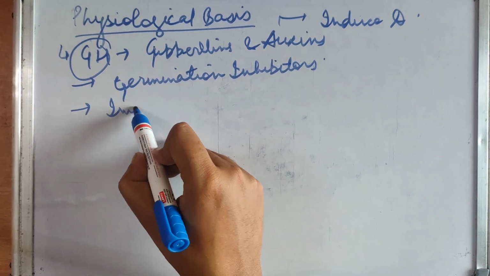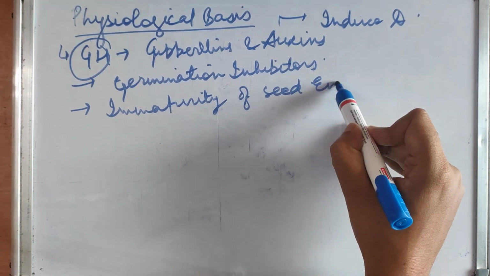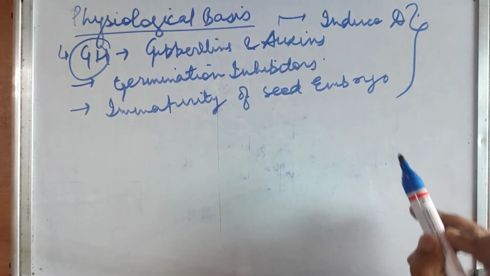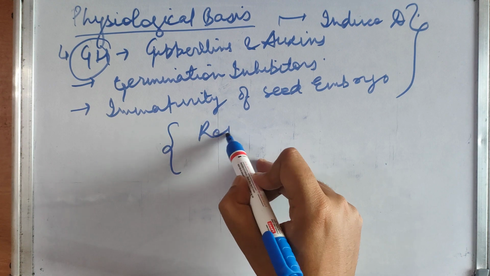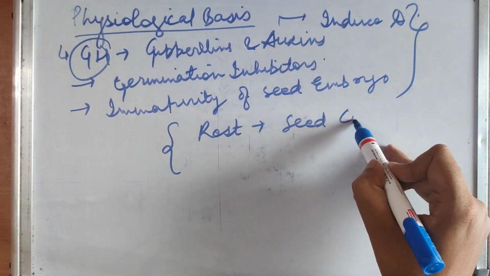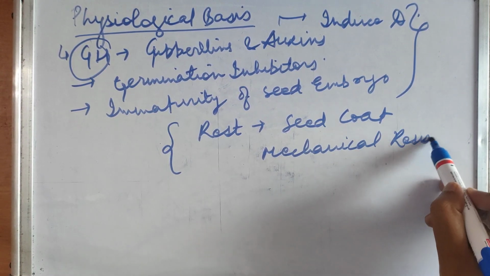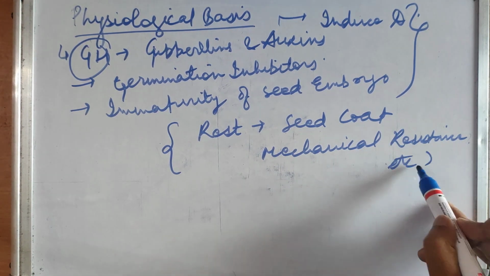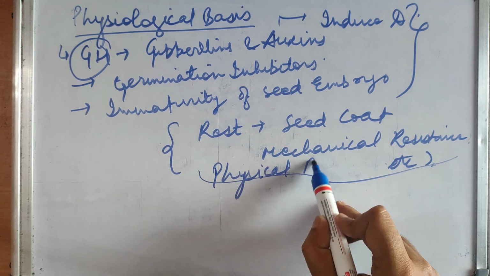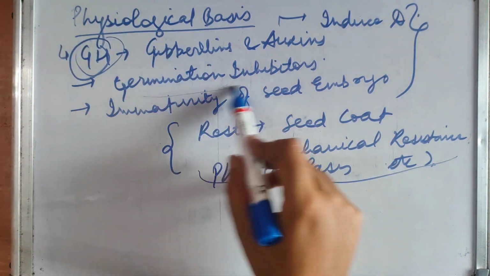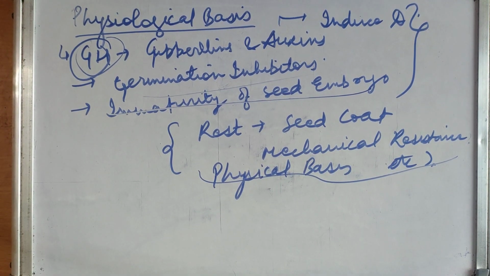There is immaturity of seed embryo. So these three are the physiological basis, related to the physiology of the seed. While the rest, such as seed coat, mechanical resistance, etc., which we discussed in the causes above, are the physical basis, due to physical reasons. But these three, growth hormones, germination inhibitors, and immaturity of seed embryo, are the physiological basis.